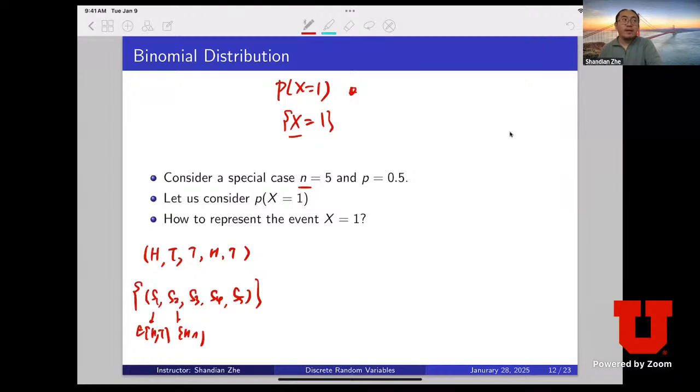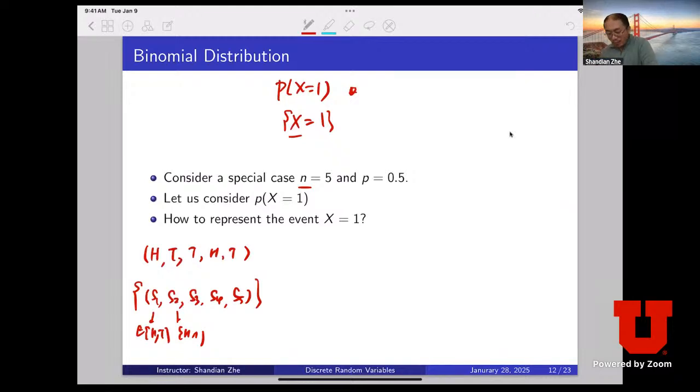And how many elements do we have for the sample space? Just 5? I mean, the sample space is the total number of the outcome sequences of these 5 trials. How many do we have? 25 is still inaccurate. Yeah, it's 2 to the 5.